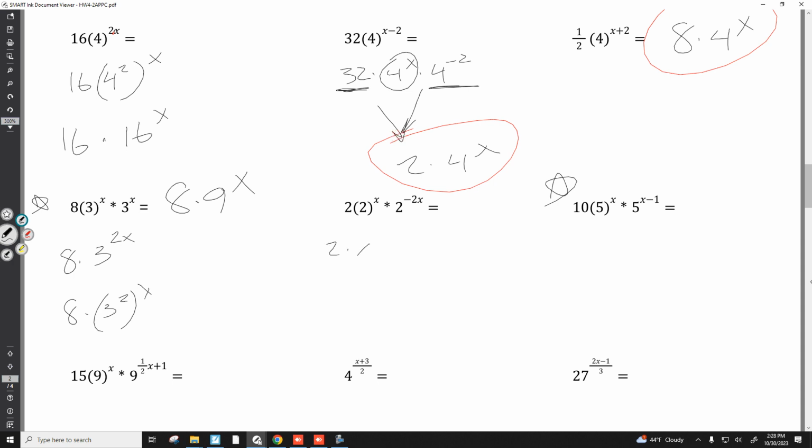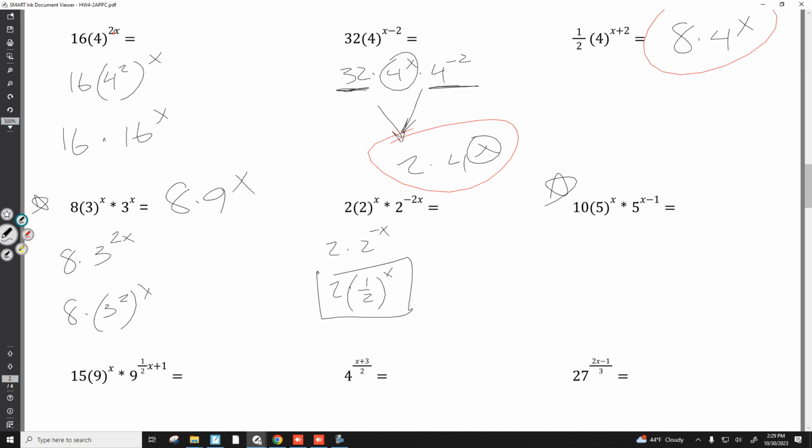Is it 10 multiplied by 5 to x minus 1? Sure, keep going. I want just x, 5 to the x. I just want one x. No, but that's the key: we might have right forms, but we want a very specific form for our answer.